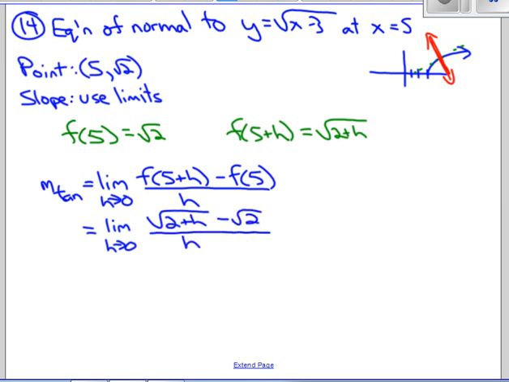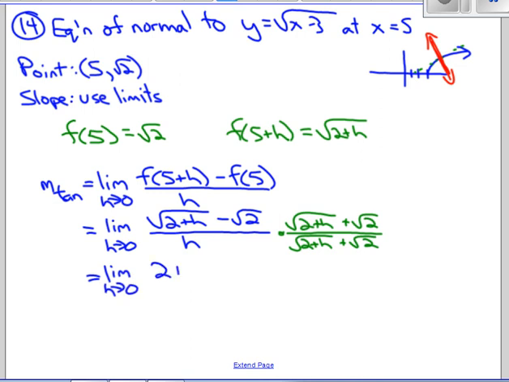Okay, square roots. The way that we deal with this is through conjugates. Okay, work them out. That's going to be 2 plus h minus 2 up top.